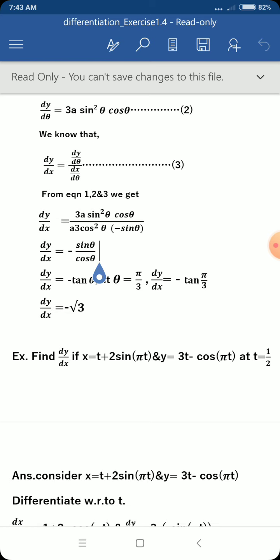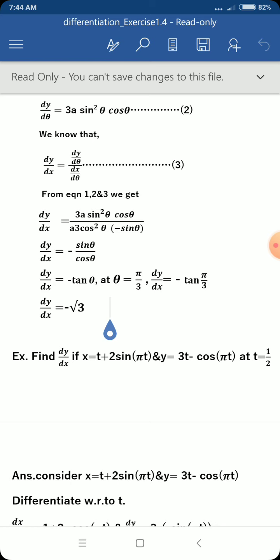Now we have to find the value of dy by dx at theta equal to pi upon 3. Therefore, put theta equal to pi upon 3 in the above equation. Therefore, we get dy by dx is equal to minus tan of pi upon 3.